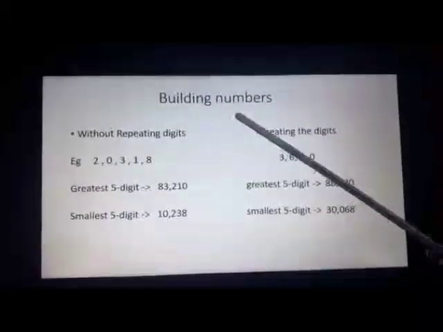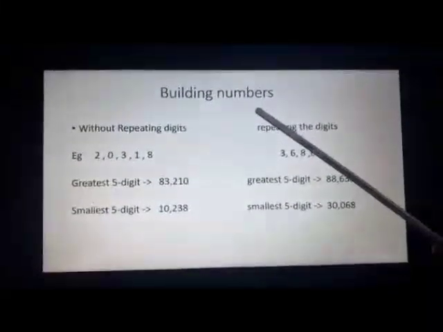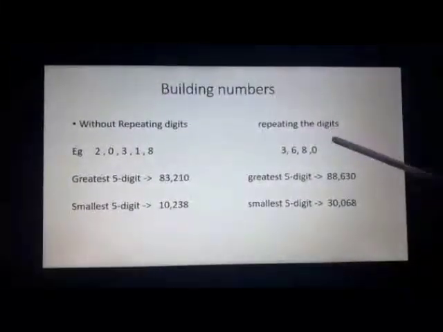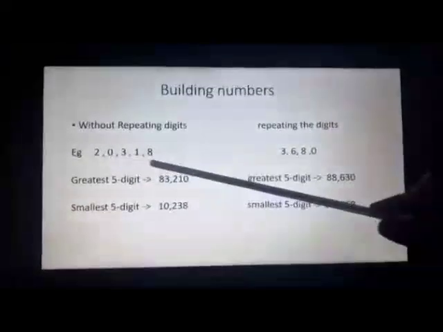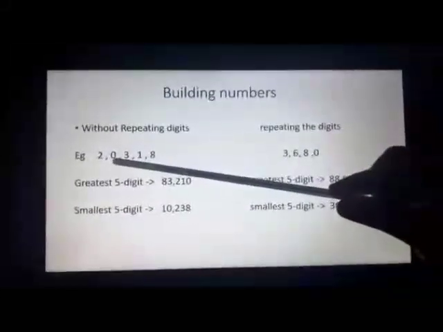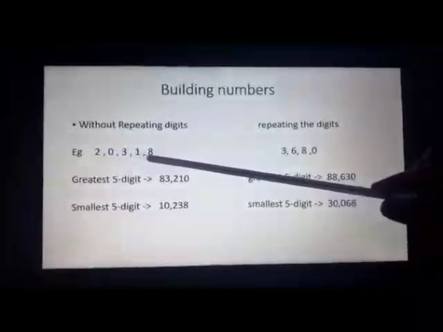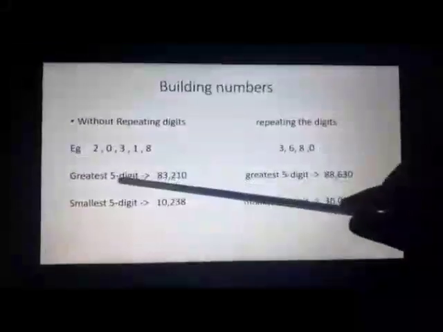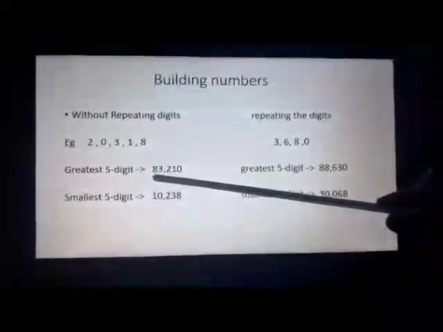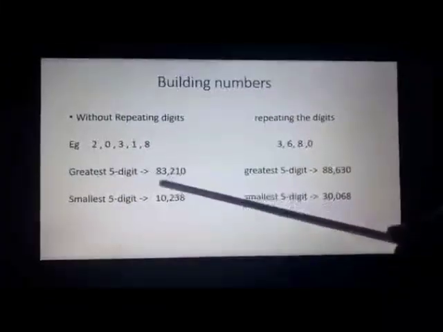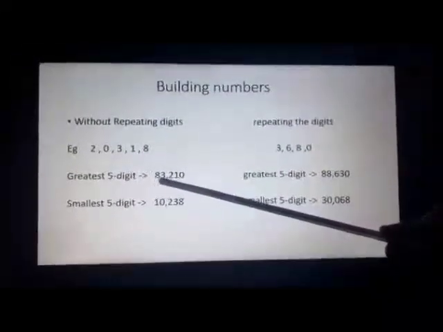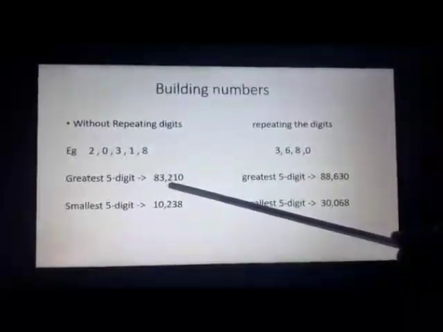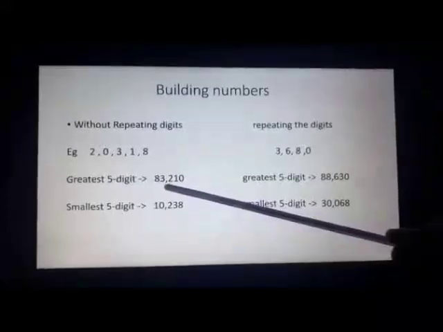Now let us go to the next slide. Here I have building numbers. Building numbers means repeating the digits or not repeating the digits. Suppose I have 5 digits here: 2, 0, 3, 1, 8. I need to build a 5-digit number, so definitely I will not repeat the digits, but arrange them in descending order: 8, 3, 2, 1, 0, and a period comma.